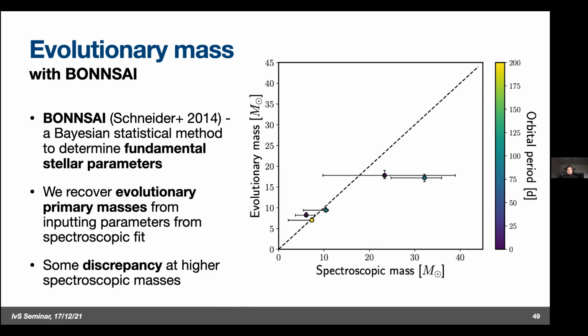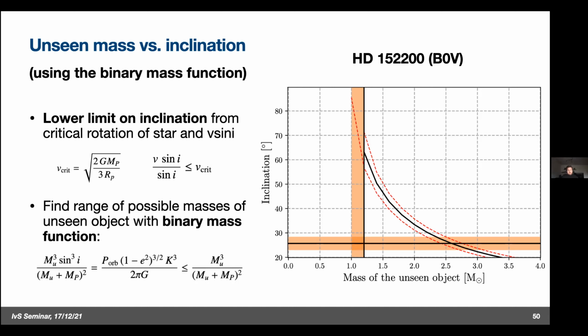Well, with the primary mass estimates and the radii of the stars fitted already, we can first of all compute the critical rotational velocity of the visible star, which is the maximum velocity a star can rotate according to its mass and its radius. And as such, also having the projected rotational velocity of the star, we can find a lower limit on the inclination of the system.